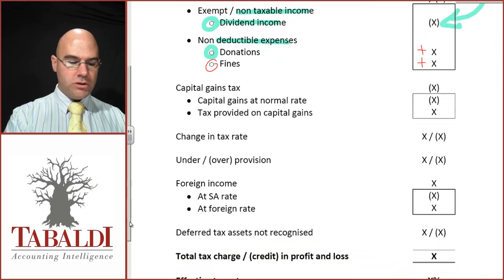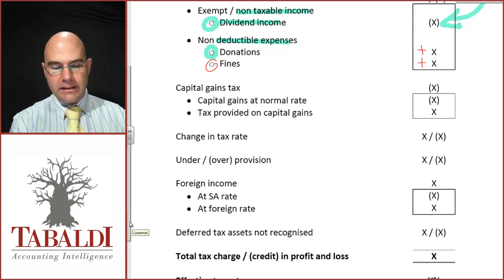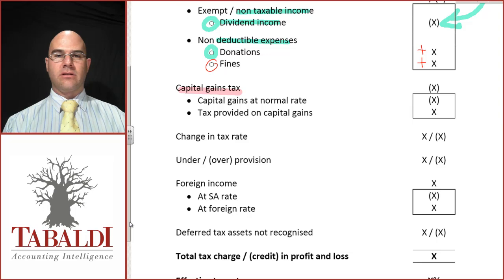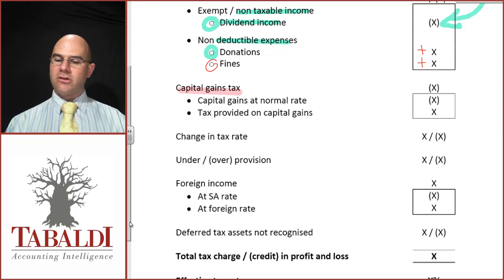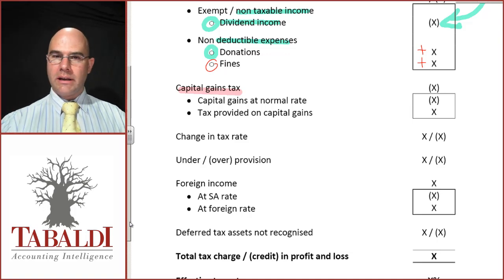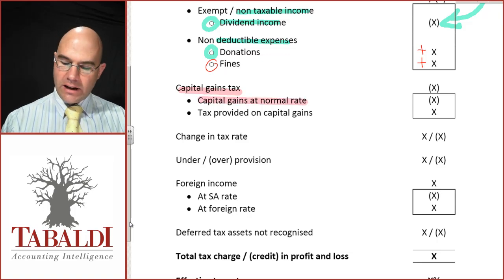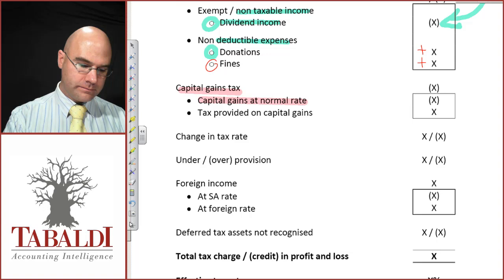Next up, I want you to look at any items that had capital gains tax effects. The best way to look at this is don't try and net it off, because capital gains is actually going to get very tricky later on. What I want you to do is take your normal capital gains at the normal rate and reverse it out 100%.